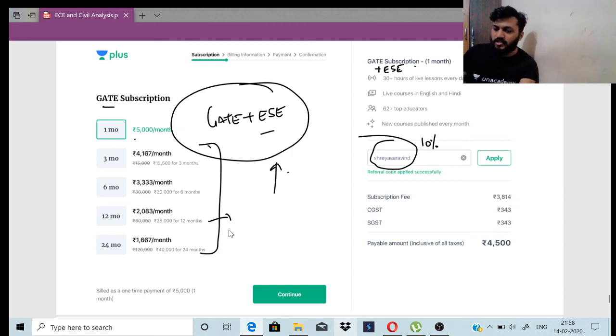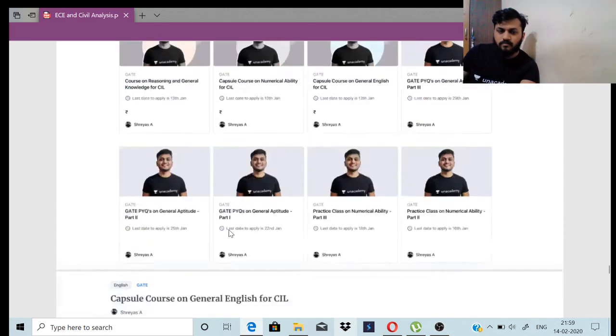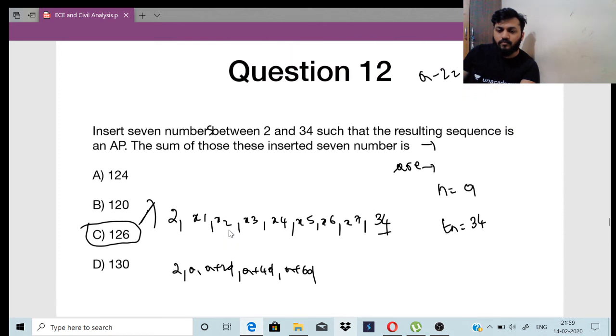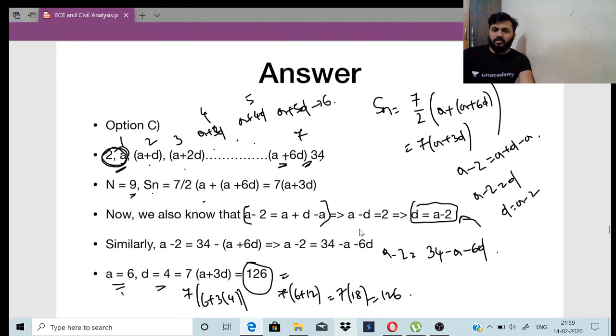12th question repeat is needed, Soumya. This one. Step 3. Step 3 means which one? I'll just erase this.